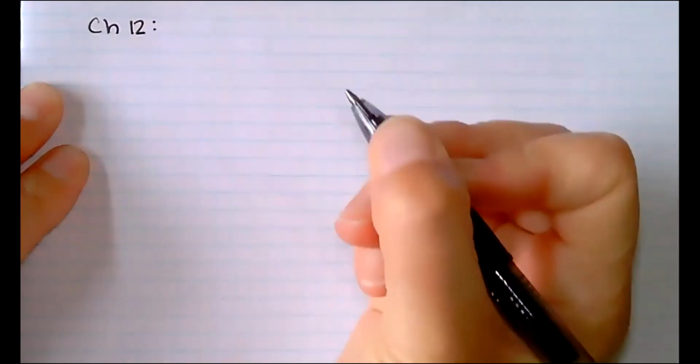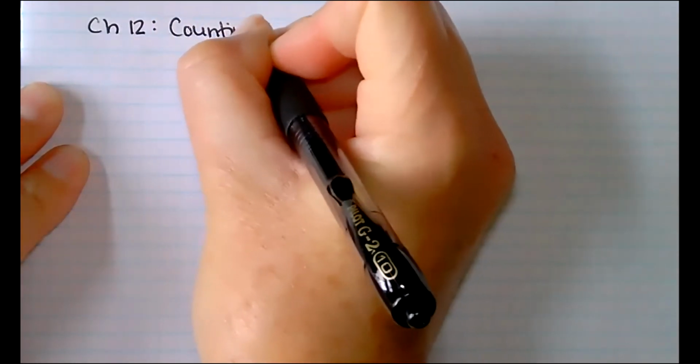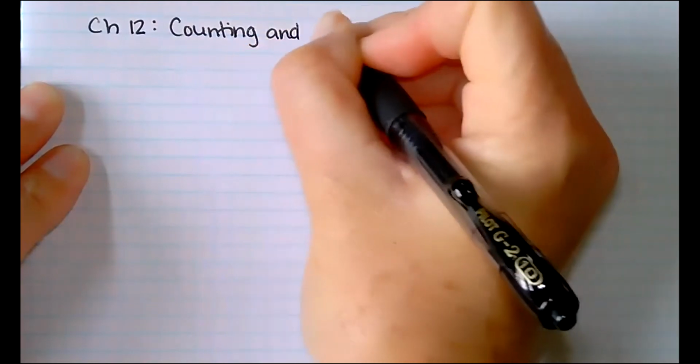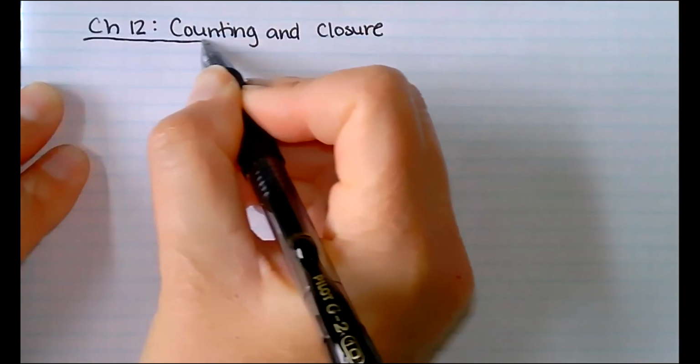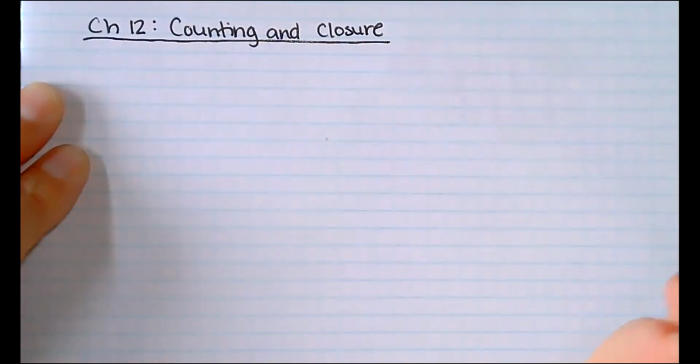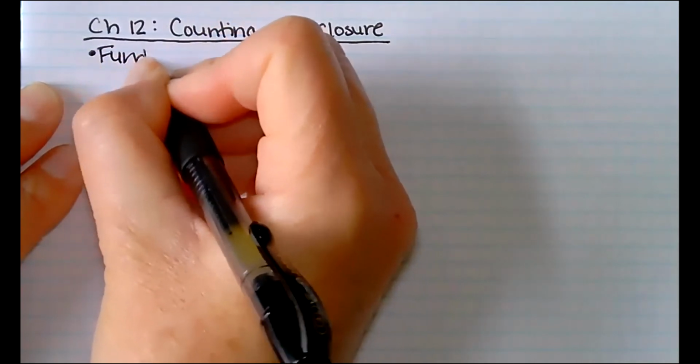So on our table of contents, we're going to title this Chapter 12, Counting and Closure. And the first topic we're going to be doing is the fundamental counting principle.